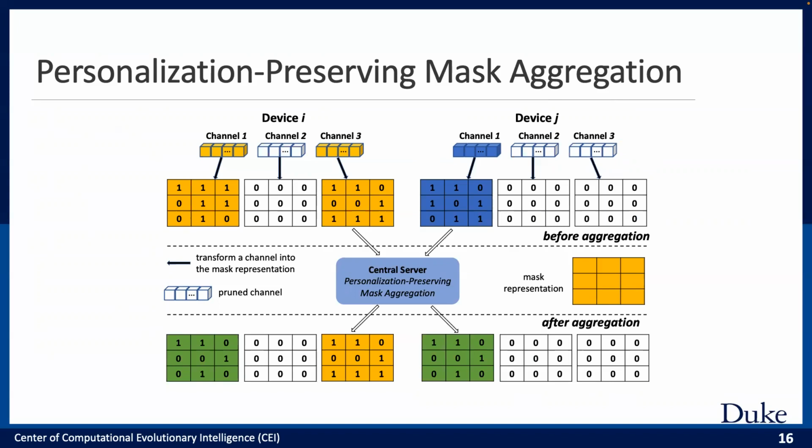For example, if both are one, you keep one. If one of them is zero, you just do zero. So you're able to regenerate this aggregated mask and use it to deploy to the client. This is also very simple. You don't really need any calculation, just a simple logical operation to generate the mask. And by doing so, you're still able to preserve the personalization, but you also do the aggregation.